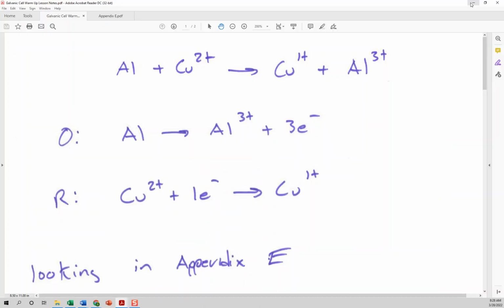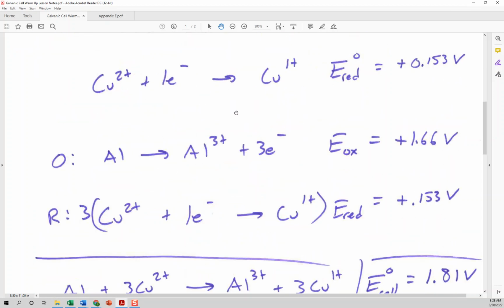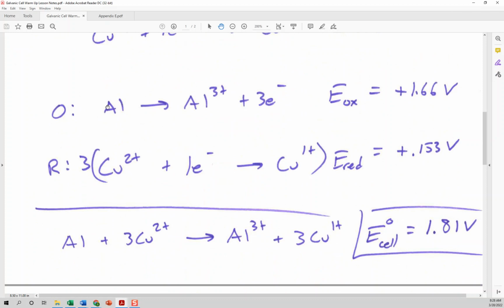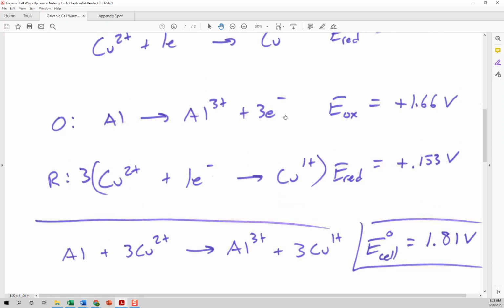And really all we have to do to get E ox is flip this reaction, right? So if I go back to my half reactions, here's my aluminum oxidation half reaction, and we flip the sign to positive 1.66 volts, right? So the reduction potential was negative. That means that oxidation potential would be positive 1.66 volts, all right?